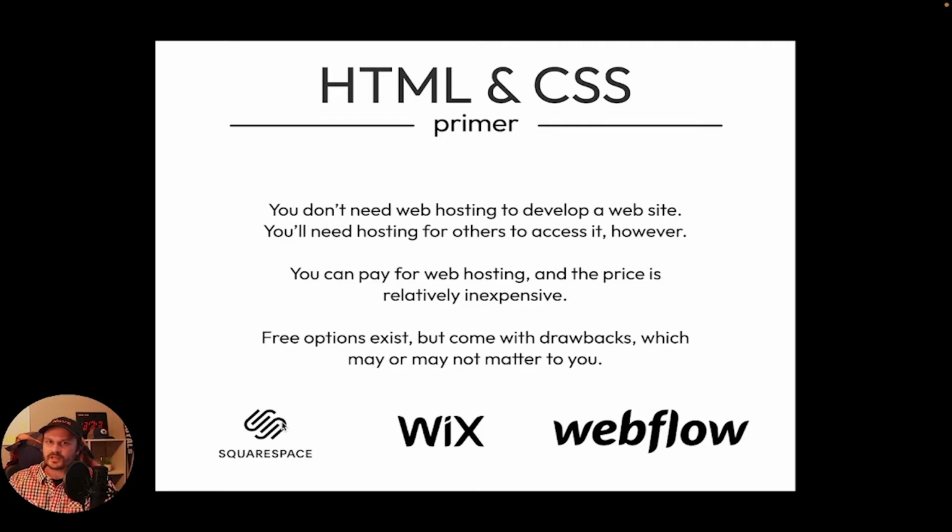However, if you didn't want to pay, you would sign up for WordPress, and if someone wanted to access your site, they would go to yourname.wordpress.com. Another option WordPress has, I'm sure they still have it, is you can download all the WordPress files, the source files, the installer, and go to your own host, the one you're paying money for, and run the installer to have it set up.